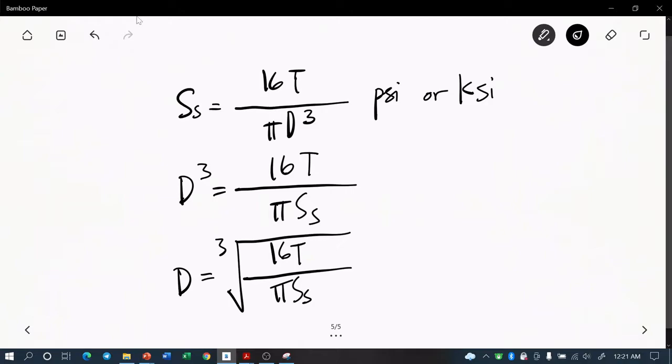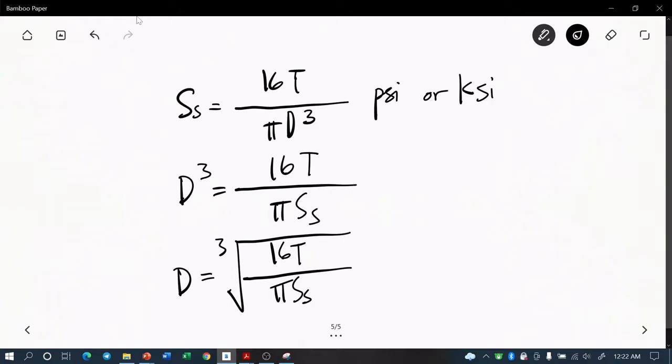Now we have two unknowns here, so we still have to compute for the applied torque to the shaft, and the shearing stress or the design stress. As I mentioned earlier, we can't directly substitute the value of the shearing stress here, so we're going to use a design factor.